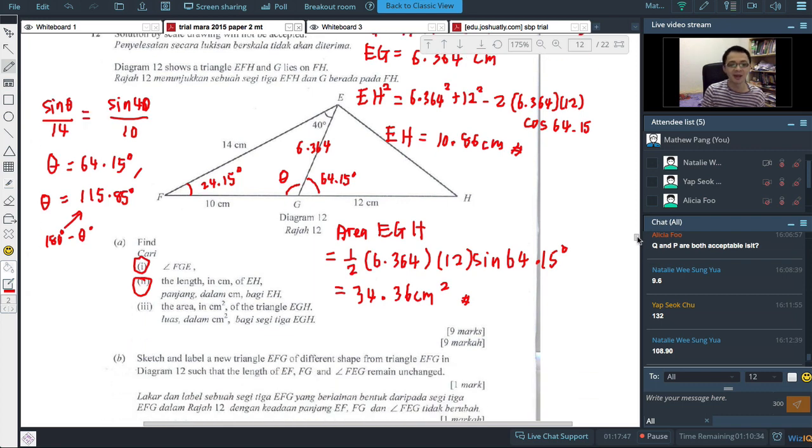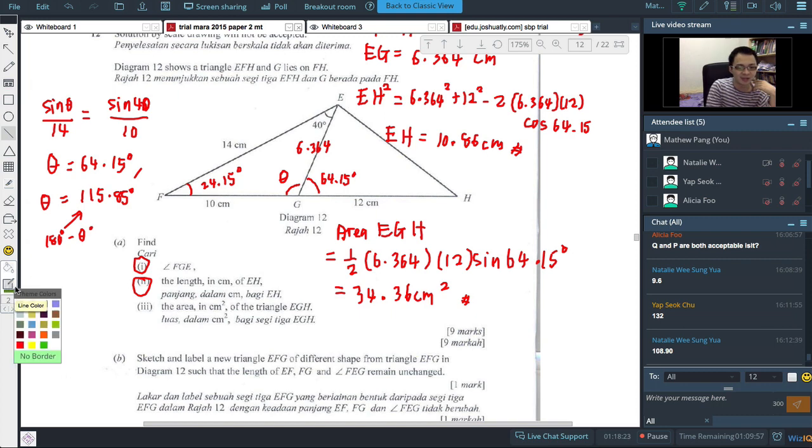Okay, the second part: sketch and label the new triangle EFG of a different shape from EFG in this diagram, such that the length FG and the angle here remain unchanged. So that means you can only change the line EG. Then imagine it is an isosceles triangle.